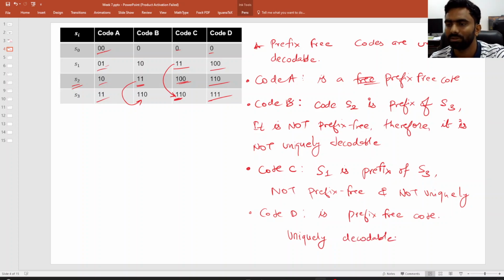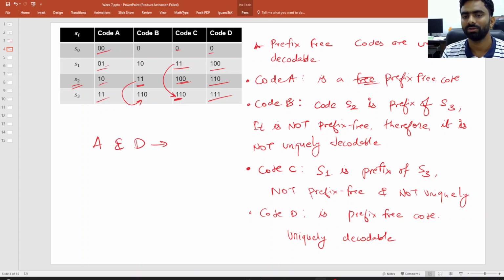Have you understood the concept? How we check which codes are uniquely decodable and which are not? So codes A and D are uniquely decodable, and B and C are not uniquely decodable. Clear?